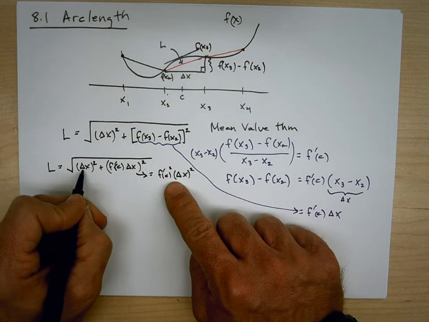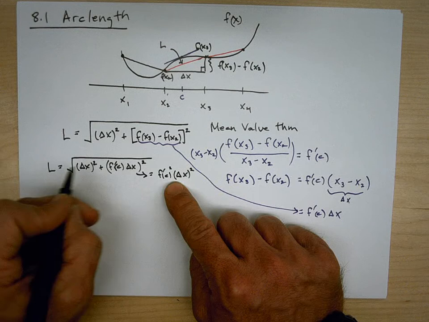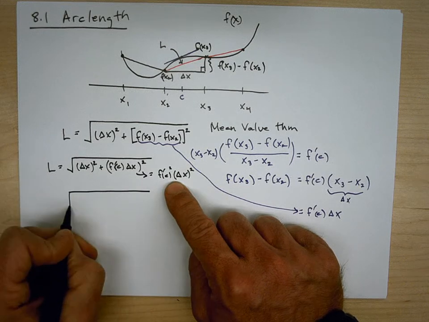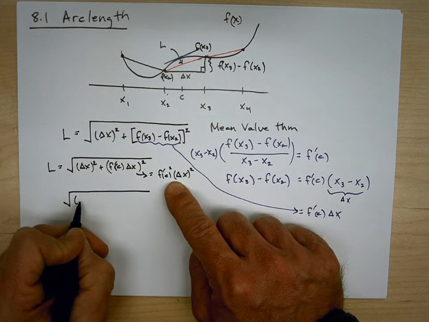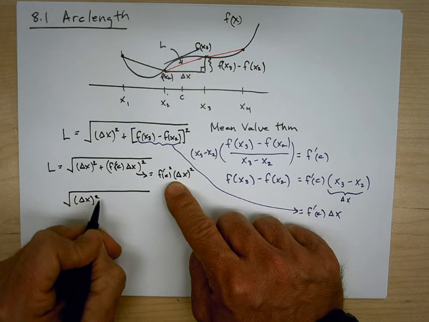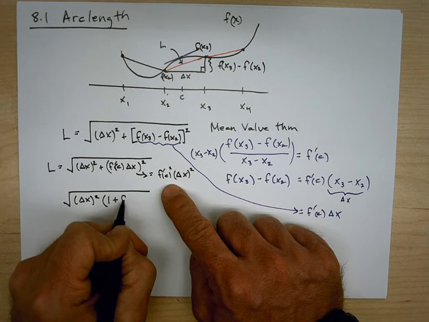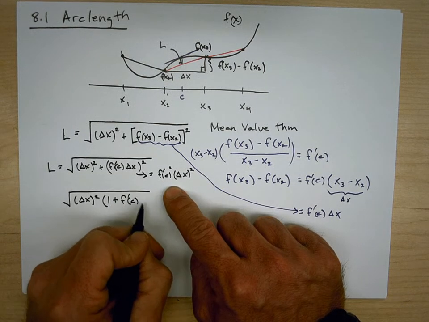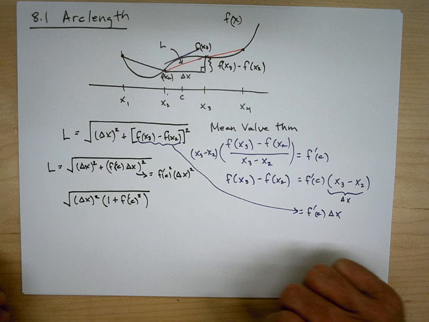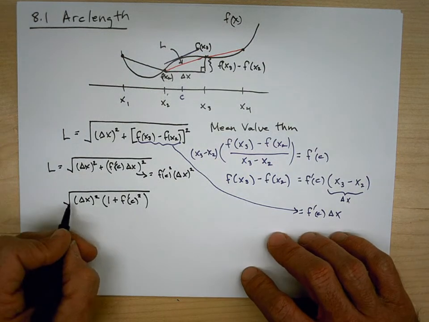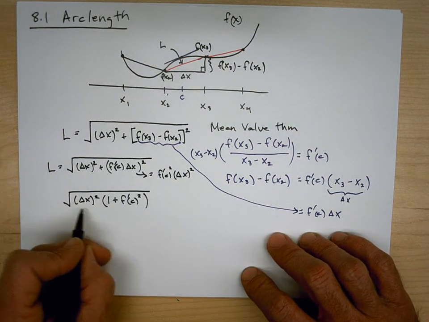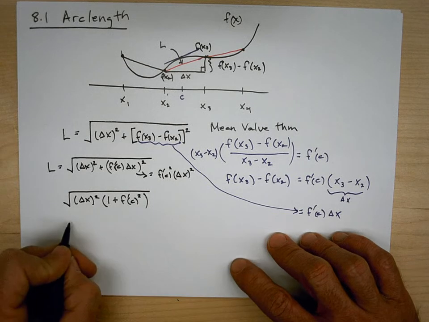But now I have a delta x squared in both of these terms, so I can factor that out. So if I pull out my delta x squared, I'm left with a 1 here plus f prime of c squared.